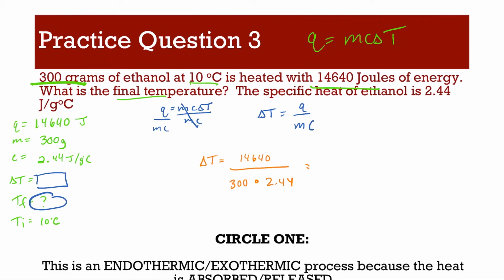And so I like to do each step, 14640 divided by 300 times 2.44 is 732. And so 14640 divided by 732 equals 20.